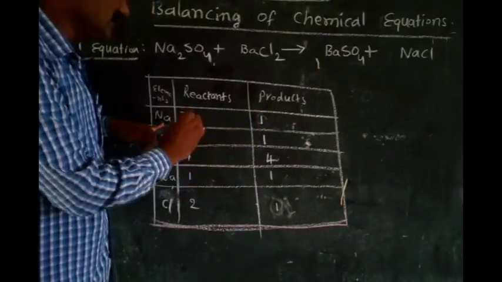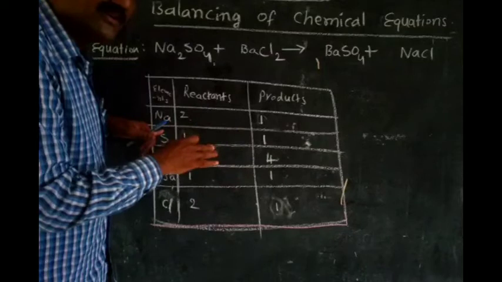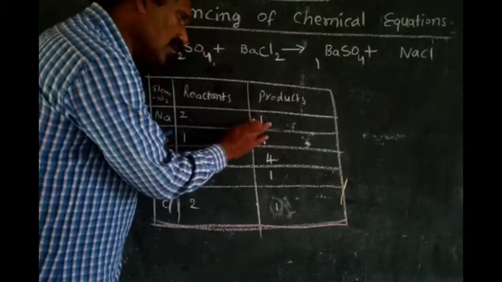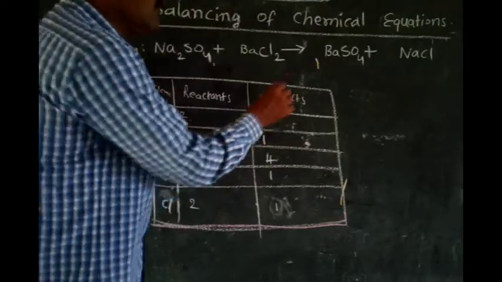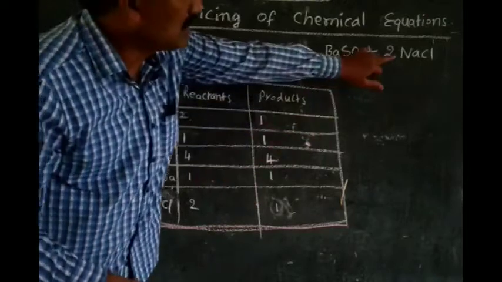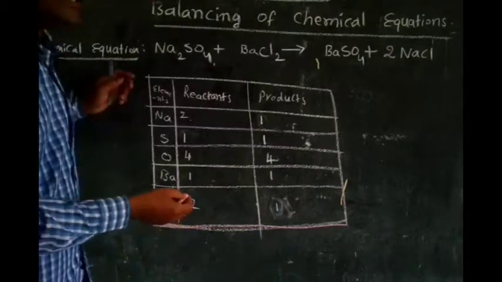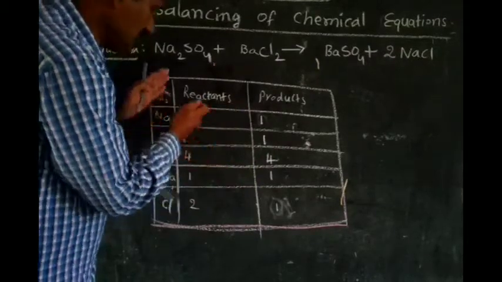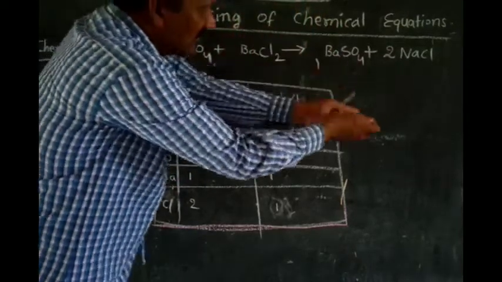Okay, now let us multiply the number of molecules to obtain 2 atoms of sodium in the products also. For this we have to write 2 before the sodium chloride. Now in the reactants nothing is changed, that's why we need not consider this. Let us consider the products.